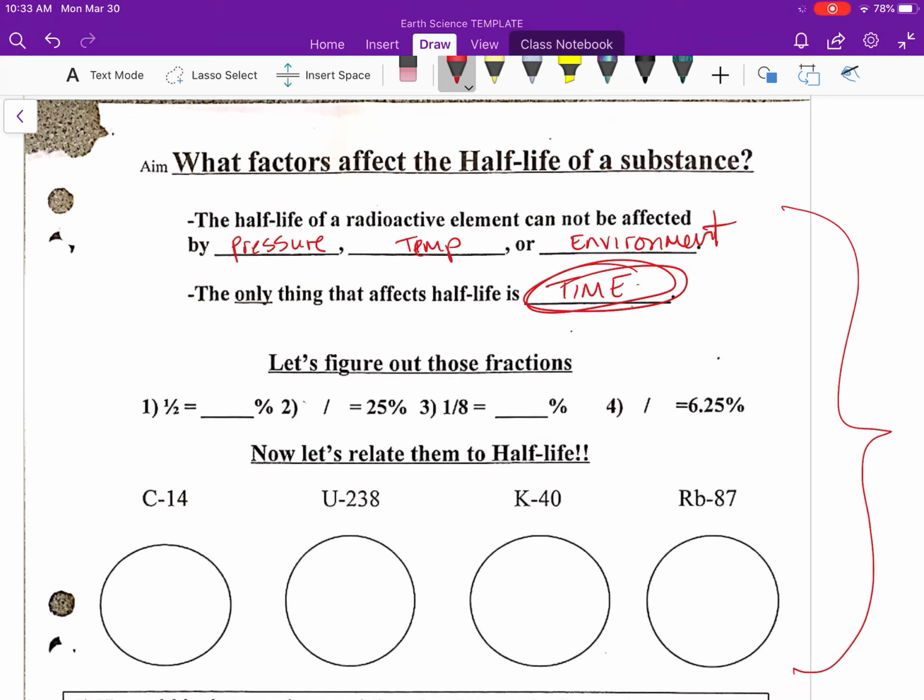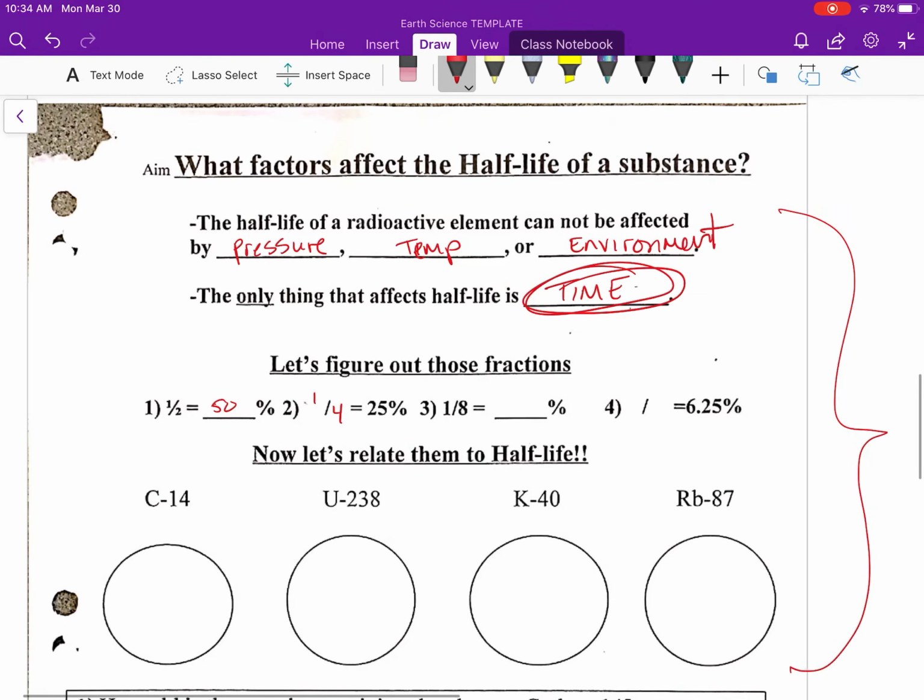As far as these fractions, you have to know what your fractions come out to when we do some math. So 1/2 is the equivalent of 50%, right? Then 25% is the equivalent of a quarter. 1/8 is the equivalent of, if you guys can see the trend, this is 1 half-life, 2 half-lives, 3 half-lives, 4 half-lives.